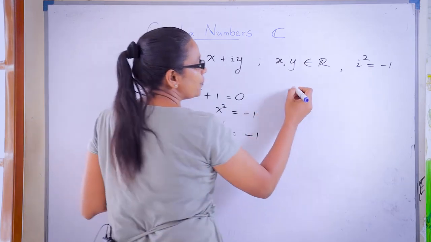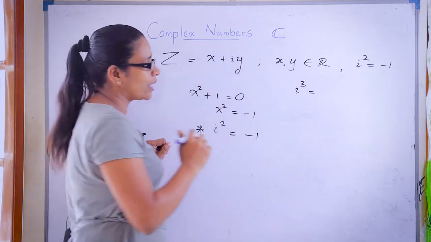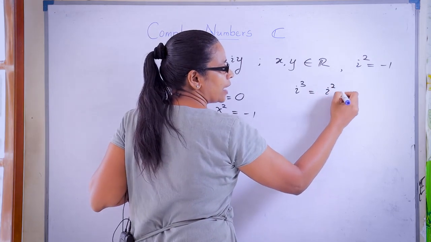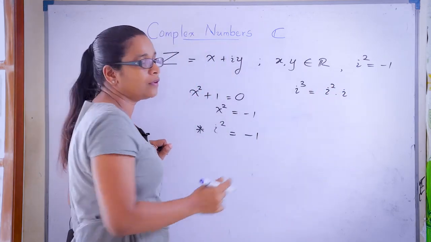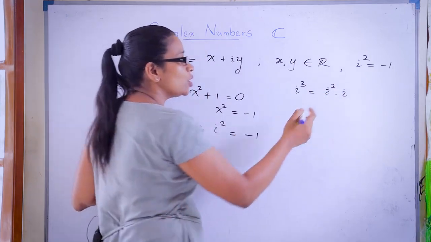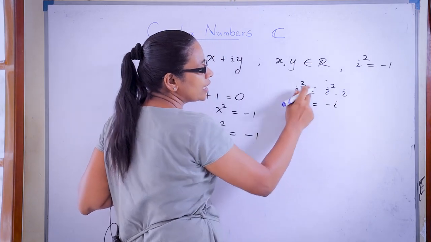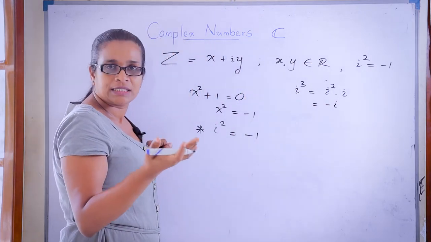If I want to write i cubed, you can write it as i squared into i. When you multiply indices, you add the powers. For i squared, you can substitute minus 1. So i cubed is equal to minus i.